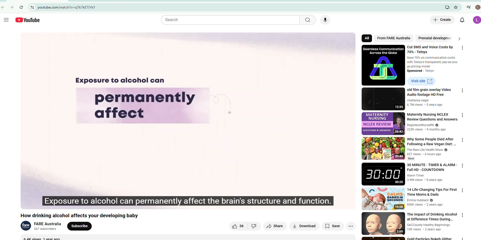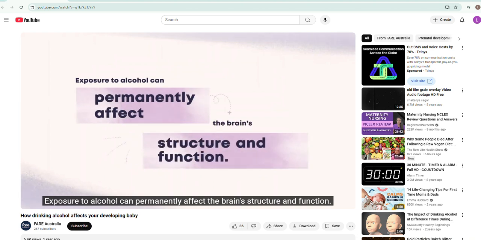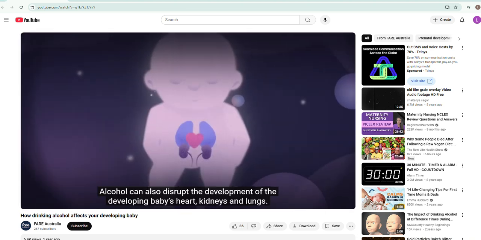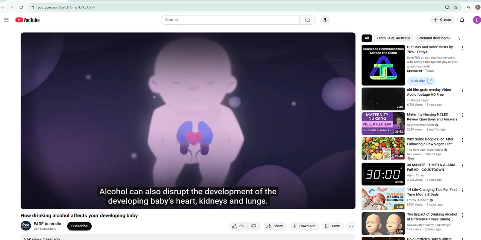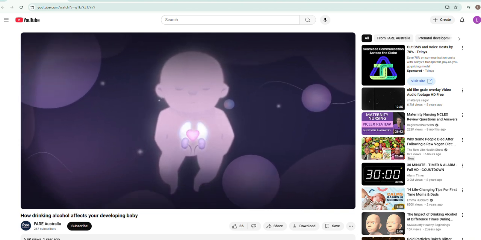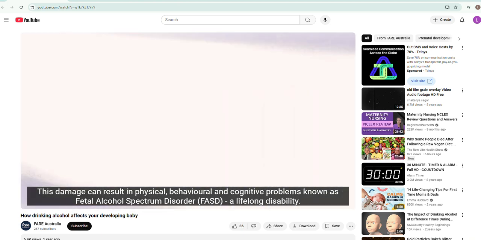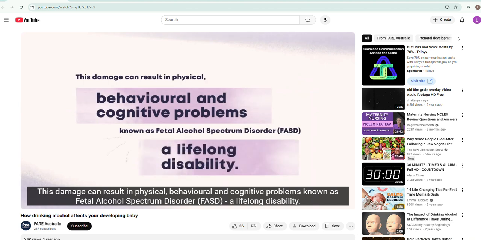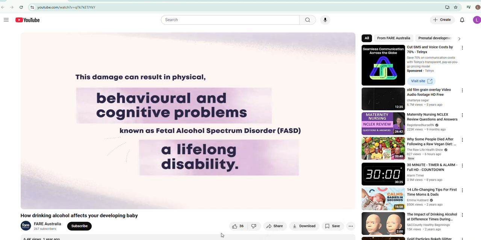Exposure to alcohol can permanently affect the brain's structure and function. Alcohol can also disrupt the development of the developing baby's heart, kidneys, and lungs. This damage can result in physical, behavioural, and cognitive problems known as fetal alcohol spectrum disorder, FASD, a lifelong disability.